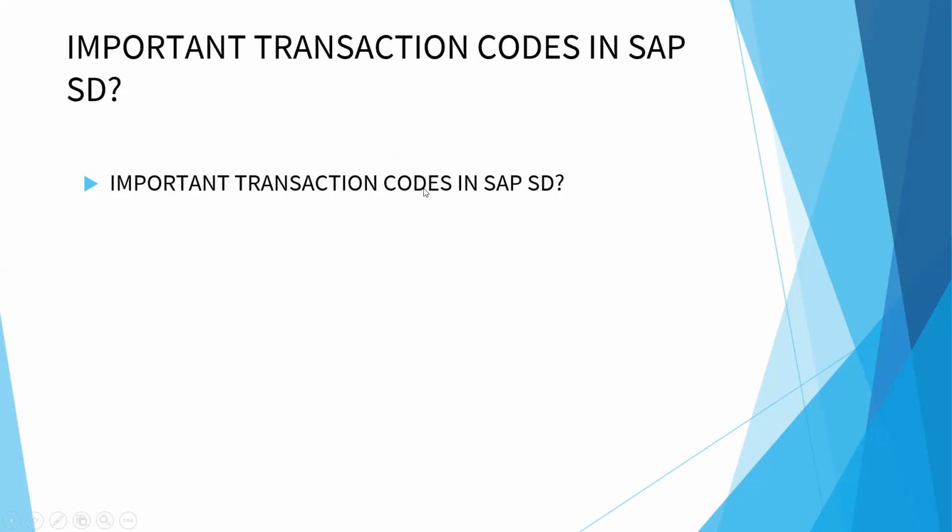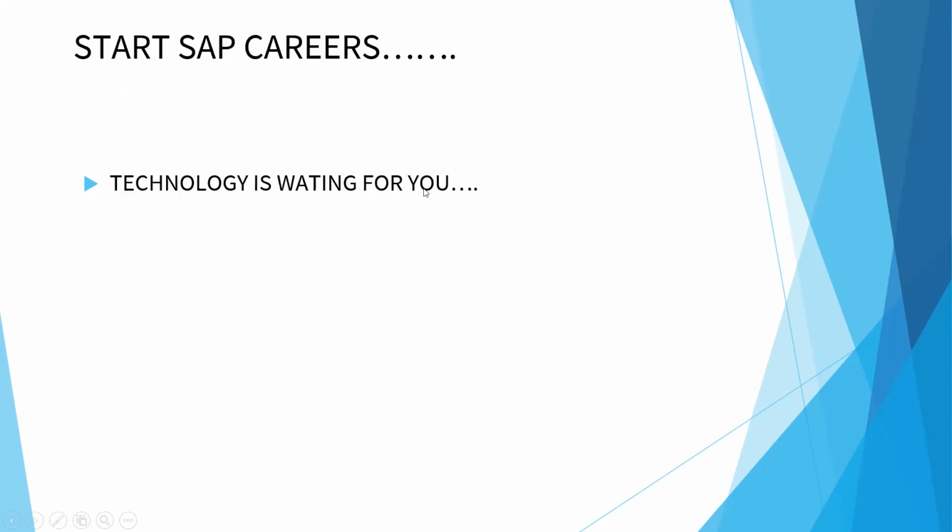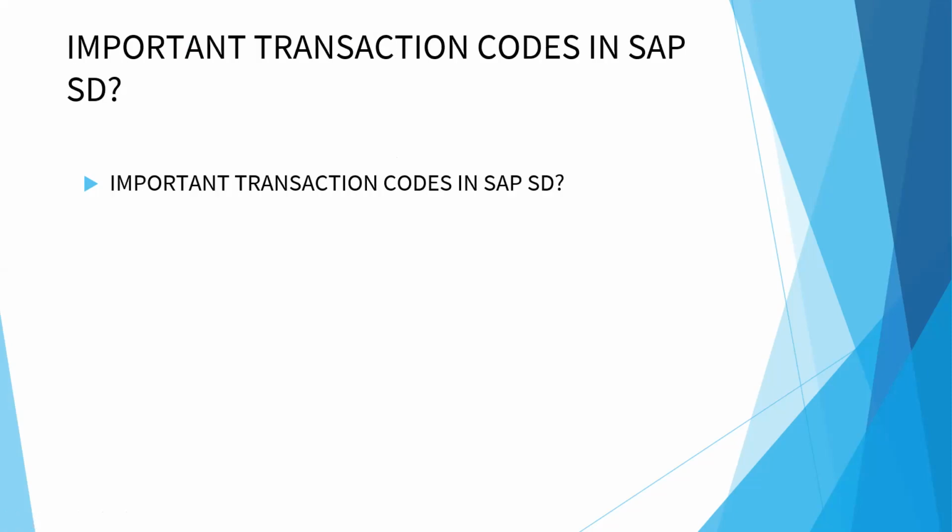Okay, so for starting an SAP career, this much brief introduction should be required. From tomorrow onwards, we're going to start our first class on the SAP system. So now if you have any doubts, you can ask.